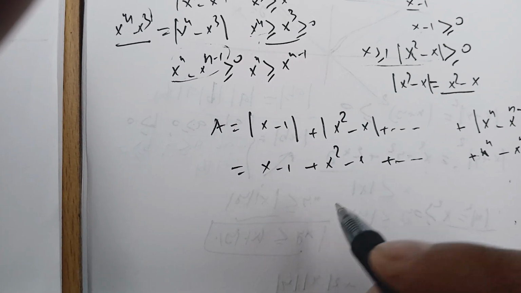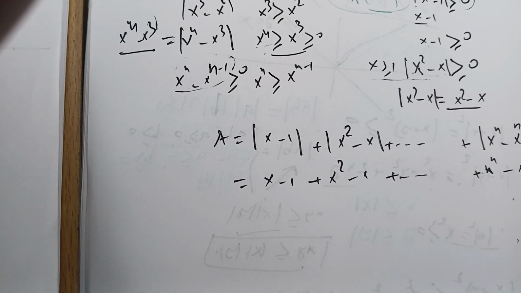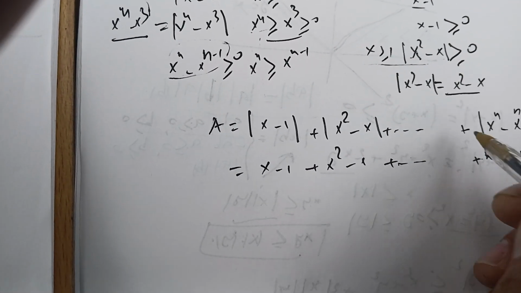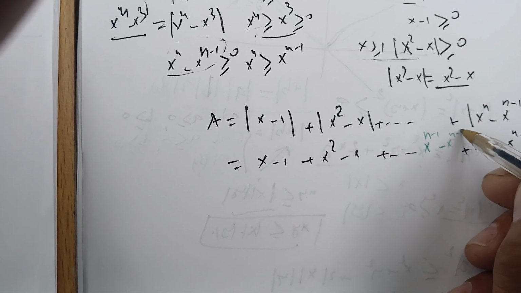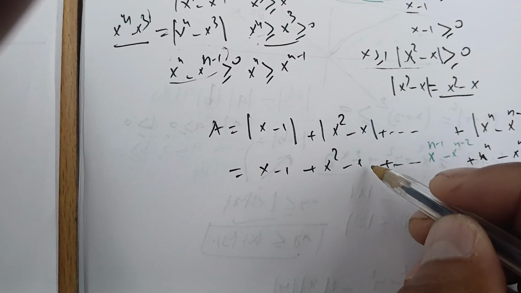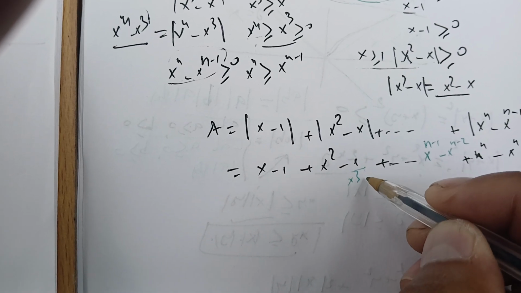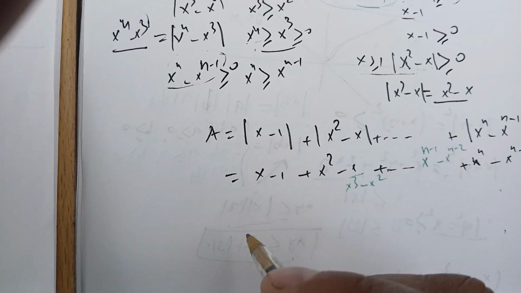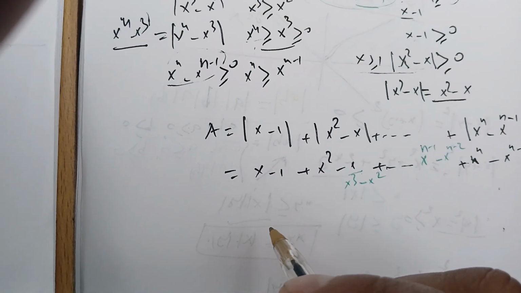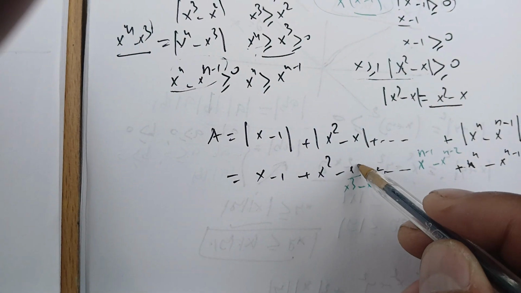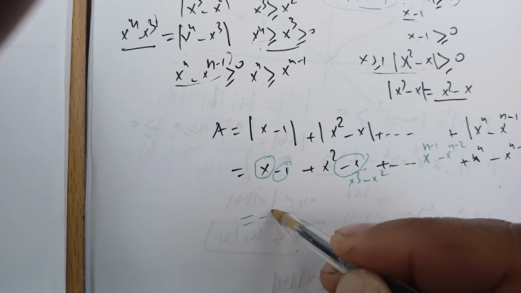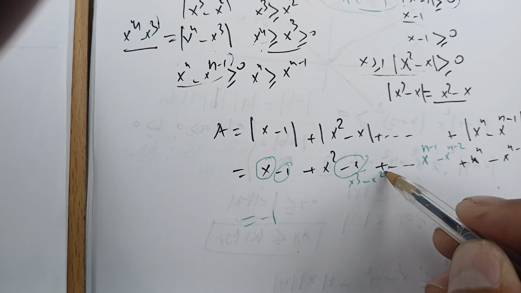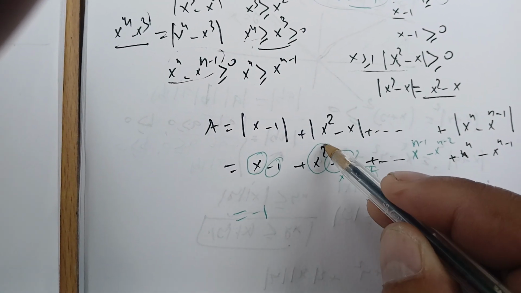Notice what the term before the last one is: it's x to the power n minus 1 minus x to the power n minus 2. And the one before that is x cubed minus x squared. Note here, this minus x will go with this x, this minus 1 will be left here, and this x squared will go with this minus x squared.